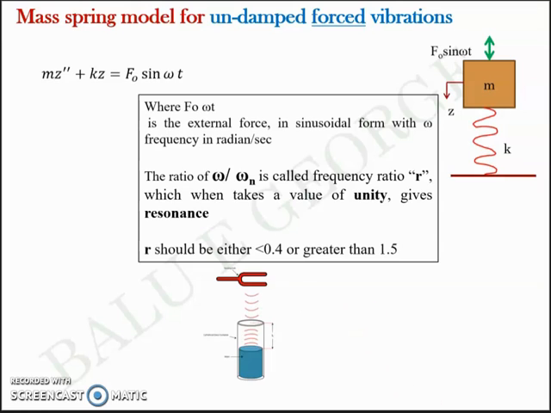So preferably R should be either less than 0.4 or greater than 1.5. A design engineer who is designing a machine foundation has to keep this in mind. Omega by omega n should be either less than 0.4 or greater than 1.5, which means it should not be in the range of 1. So that's one design criterion: avoiding resonance.